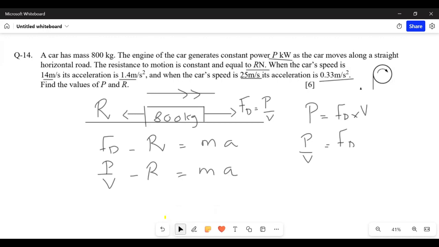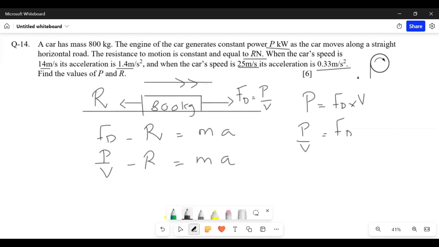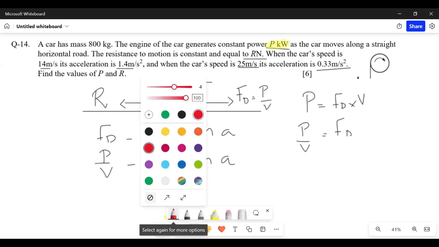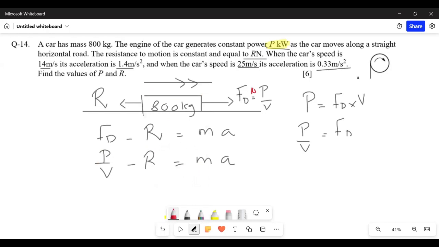Now, it says P is in kilowatts. So I should write 1000 P over here, because P is in kilowatts. So I'm writing 1000 over here. 1000 P over V minus R is equals to MA.